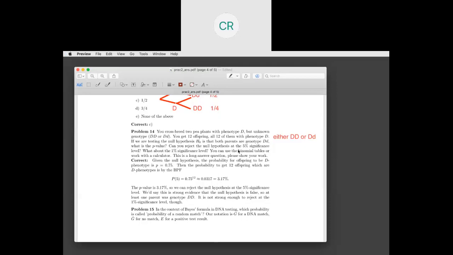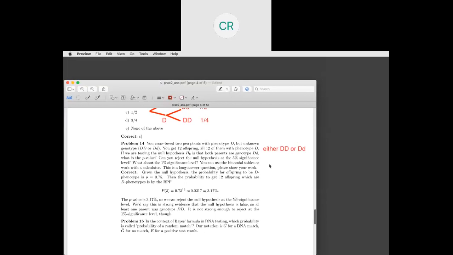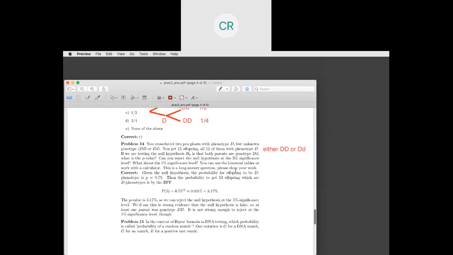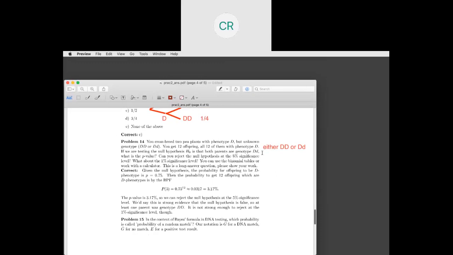But the interesting case is when all 12 are actually the phenotype D. So they're either this or that. How unlikely is that if at least one of the parents had the genotype D, capital E, lowercase d?